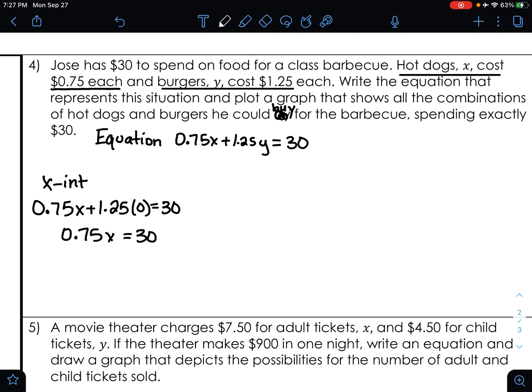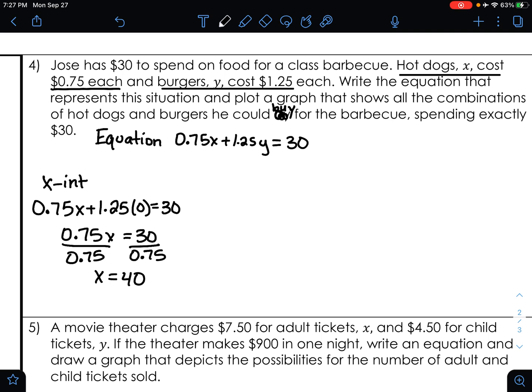To get X by itself, I need to divide both sides by 0.75. When I do that, I get X equals 40, which tells me if I don't buy any burgers, I can buy 40 hot dogs.